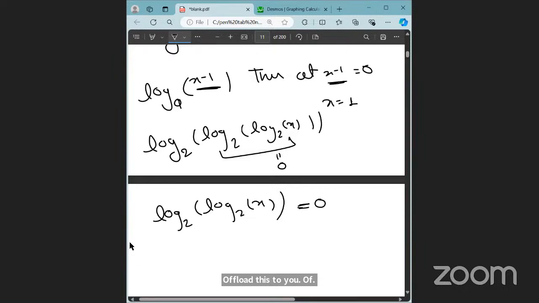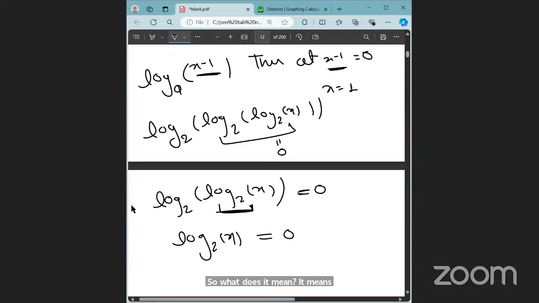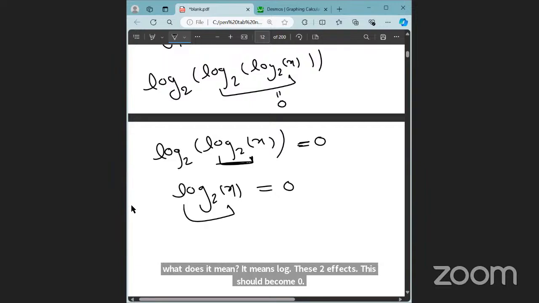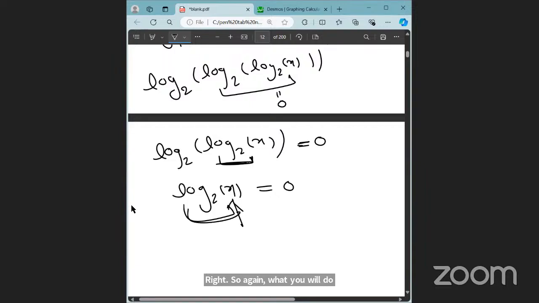But we know that log cannot be equal to 0, so we take the expression inside the log. So again, log base 2 of x should become 0, but log cannot be 0, so we take the inside one again. That means x becomes 0. So whenever x equals 0, this whole log will behave asymptotically.